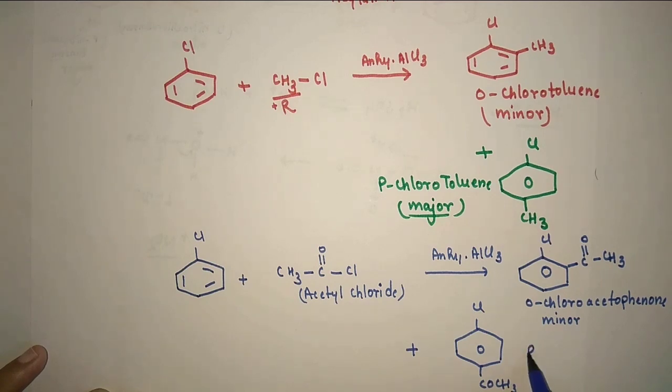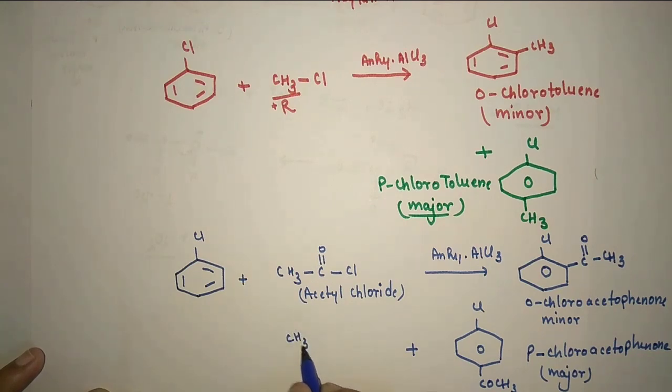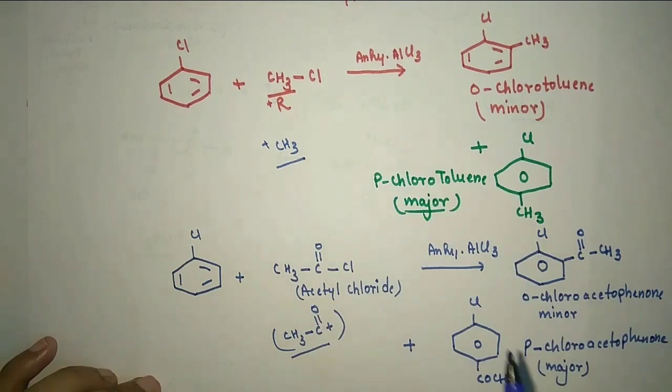This one is parachloroacetophenone, and this one is our major product. So this is Friedel-Crafts acylation reaction, and in this case the electrophile will be this, and the mechanism for the generation of these electrophiles is same as I have told you in the case of halogenation reaction.